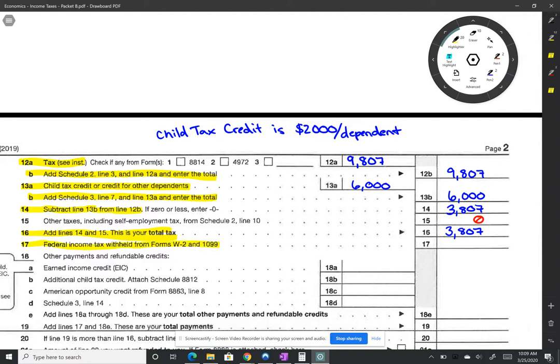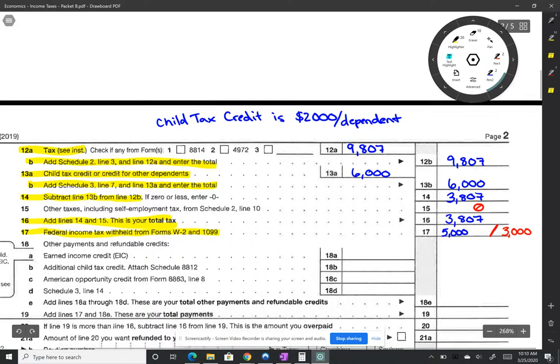Okay, let's do two scenarios, right? One scenario, let's say they had $5,000 withheld. I'm going to put that in blue. The other scenario is going to be in red. Okay. The other scenario, let's say they only had $3,000 withheld.